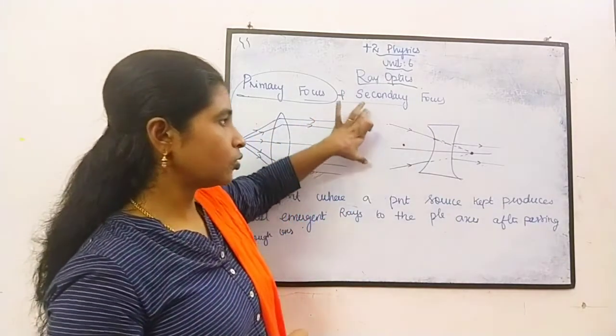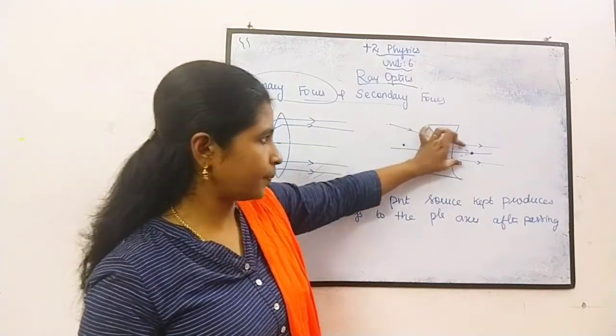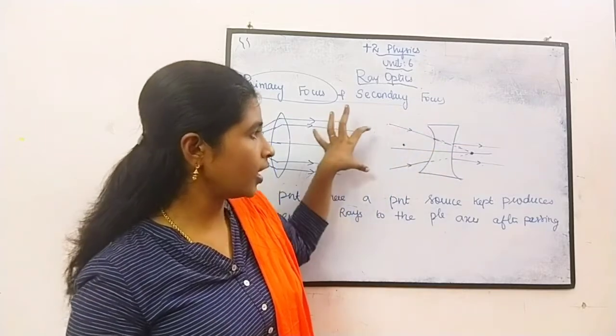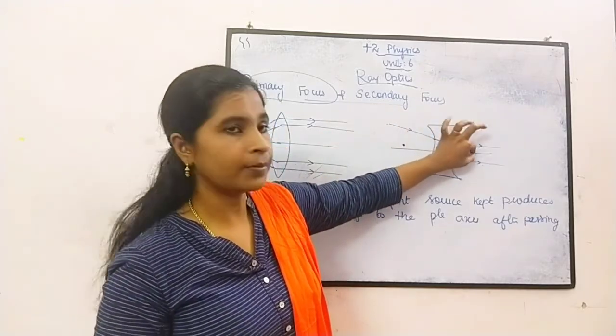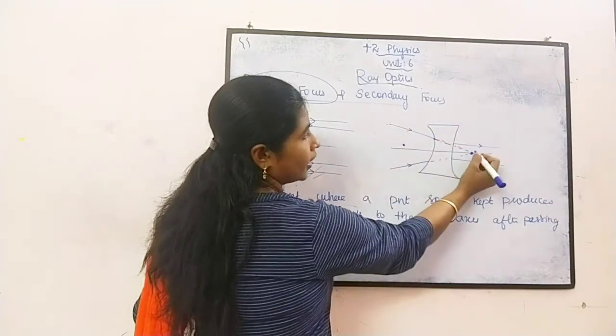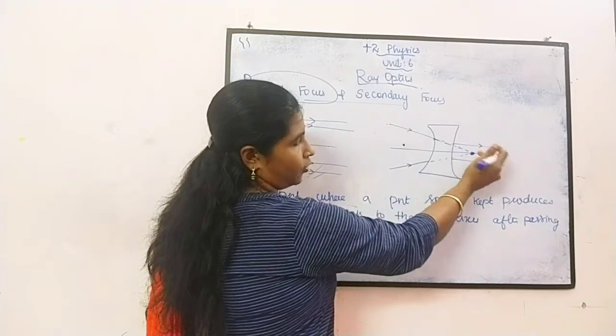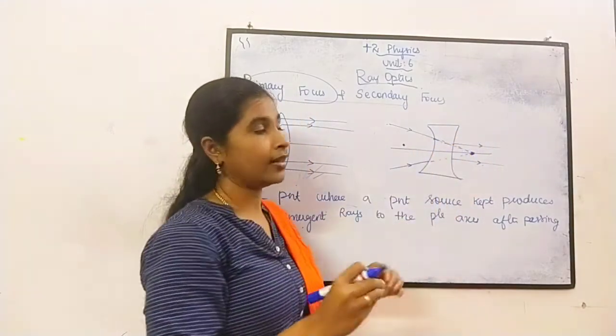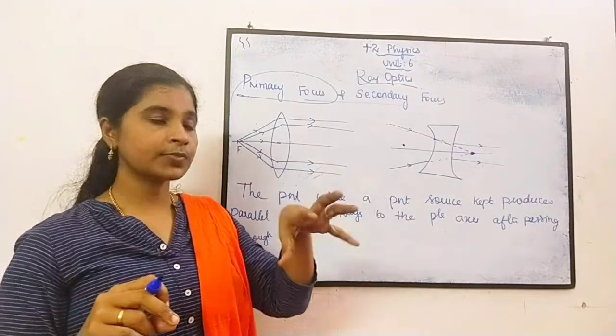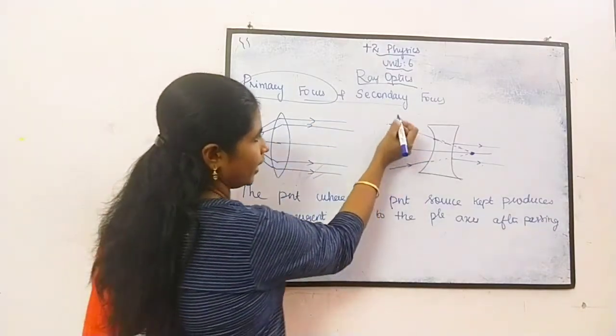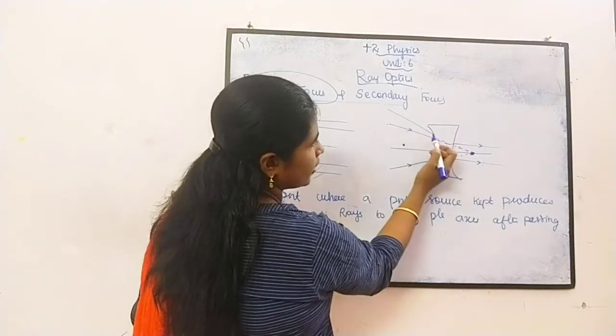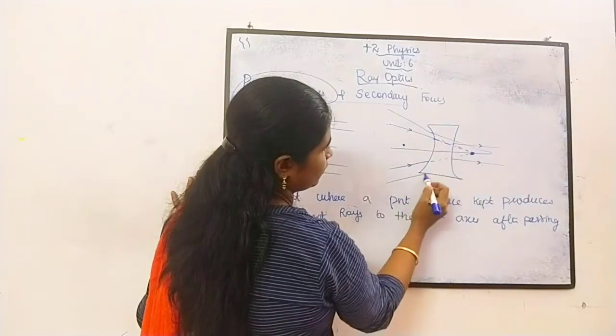Even though the rays do not come from a single point, if we extend their directions they will meet a common single point. Suppose you take some rays over here, they may not be focused at a single point.